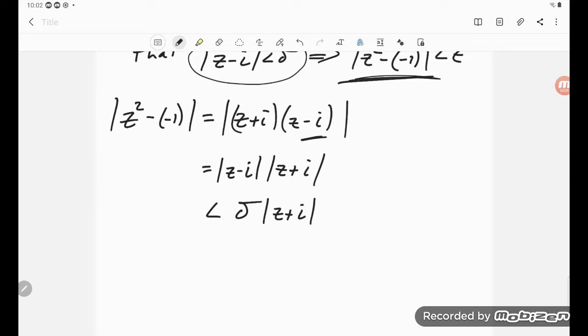And just because z minus i is less than delta, it doesn't necessarily tell me a whole lot about z plus i, because I don't know what delta is.